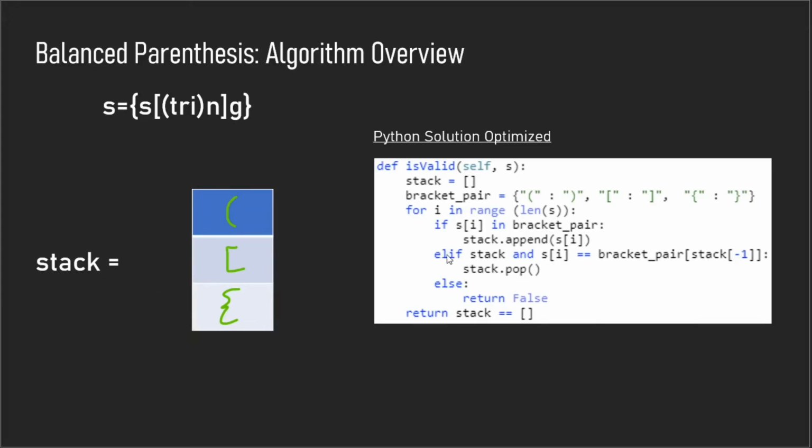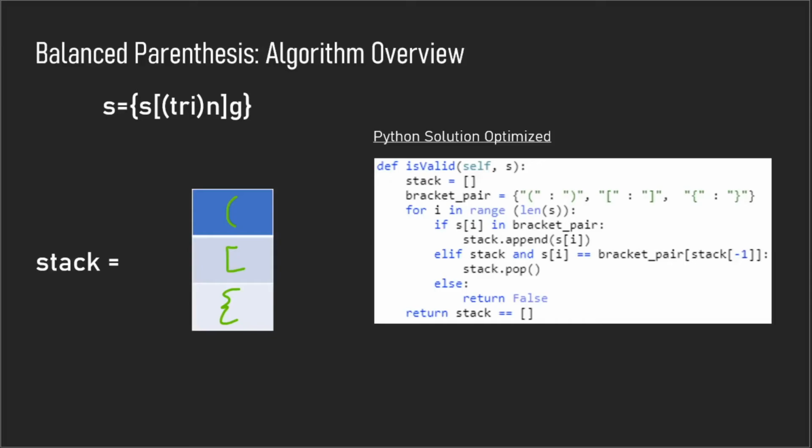In the event that we get to this closing parentheses, we get to this line here, else if the stack is not empty. This is shorthand notation for Python to check to see if the stack is not empty, and the current element's complementary value is in the bracket pair.